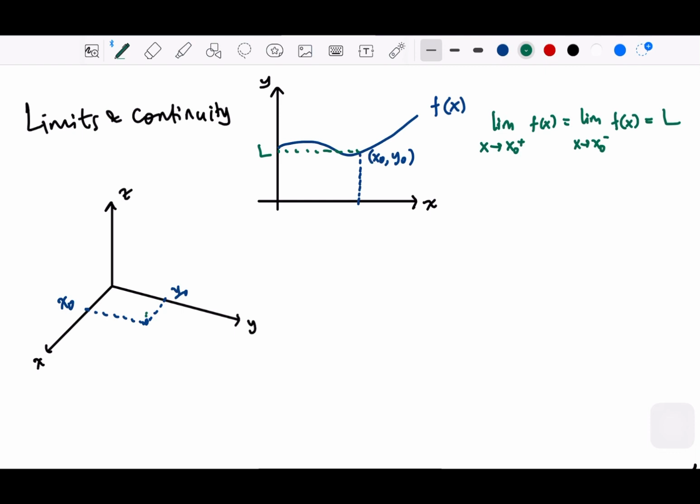Then we are going to have some sort of a point here, and if we do it for all of the domain, we are going to have some sort of shape on the top like this.